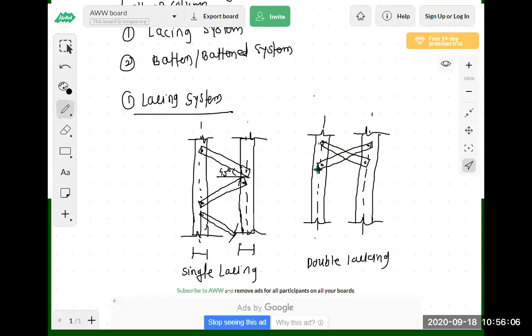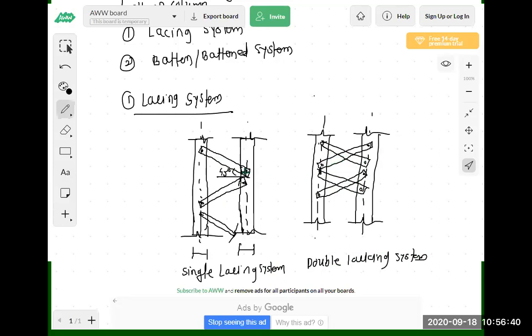Are you getting it? Again here, like this. So this is the double lacing system, and this one is the single lacing system. So this is the built-up column using a lacing system, with single lacing and double lacing.